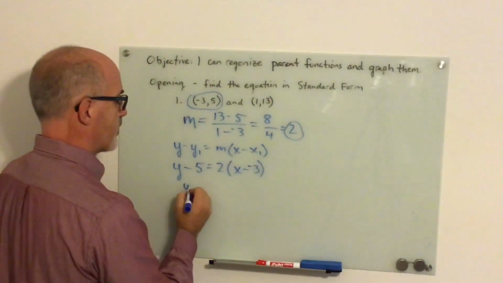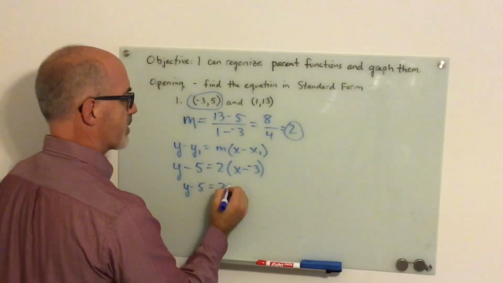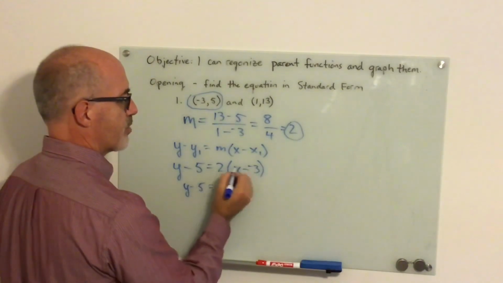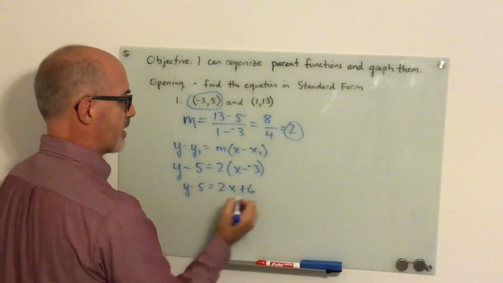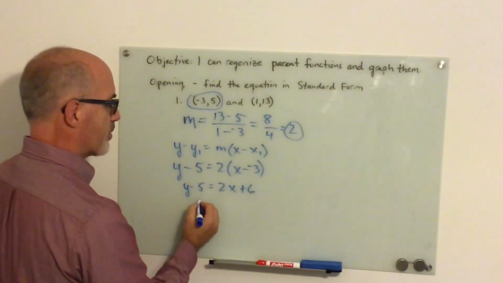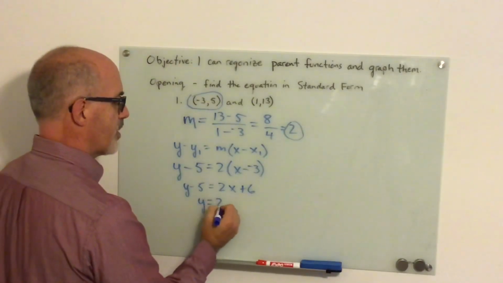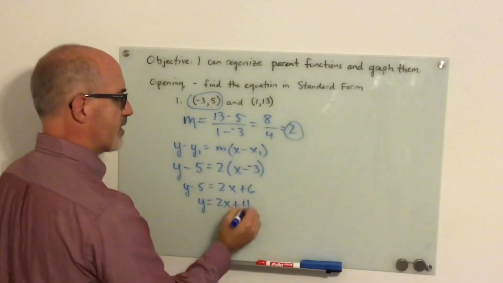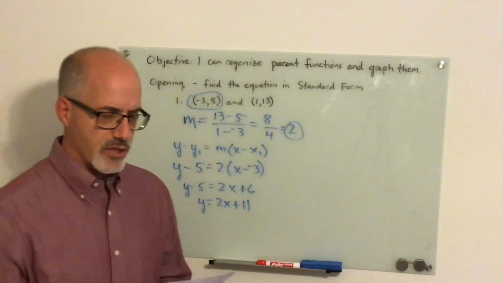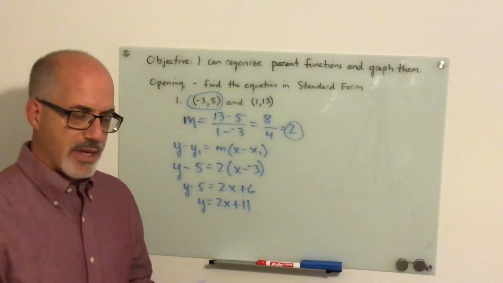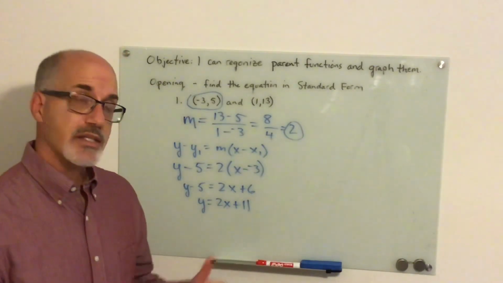So y minus 5 equals 2x minus negative is a plus, so 2 times positive 3 is plus 6. And then I'm going to add 5 to both sides to get y equals 2x plus 11. This would be the answer if I asked for it in slope-intercept form. But now let's put it into standard form.